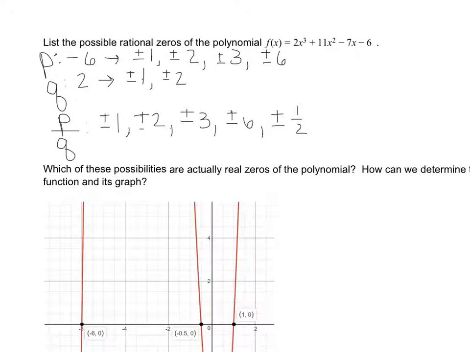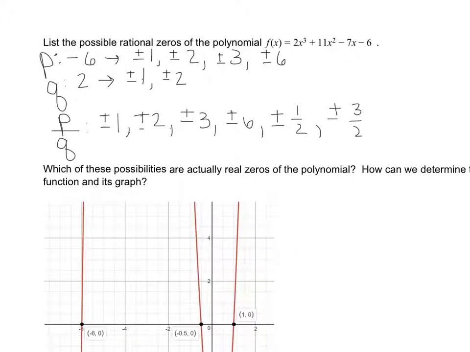Now we take 3 and divide it by 2. I haven't listed that yet, so we get plus or minus 3 divided by 2. And then if I were to divide 6 by 2, I get 3 again, which I've already listed. So positive or negative 1, positive or negative 2, positive or negative 3, positive or negative 6, positive or negative 1/2, and positive or negative 3/2 are all the possible rational zeros of our polynomial.